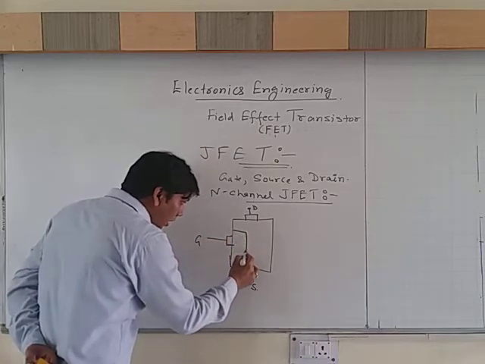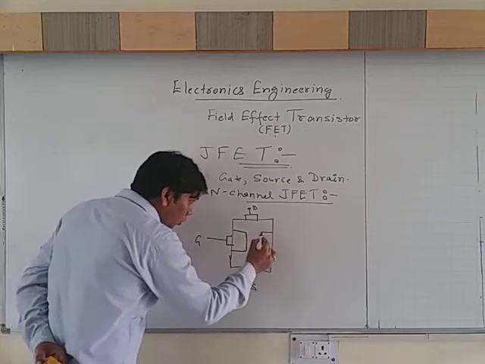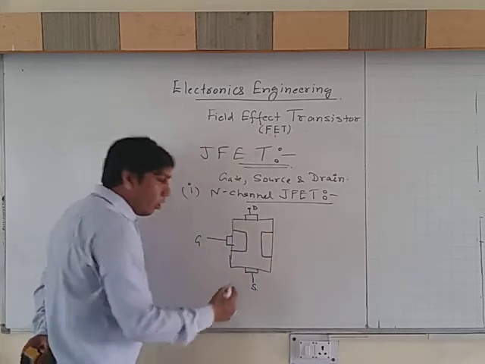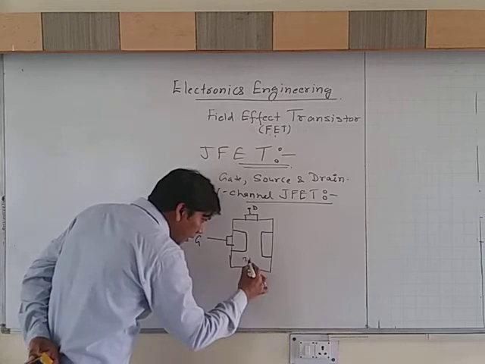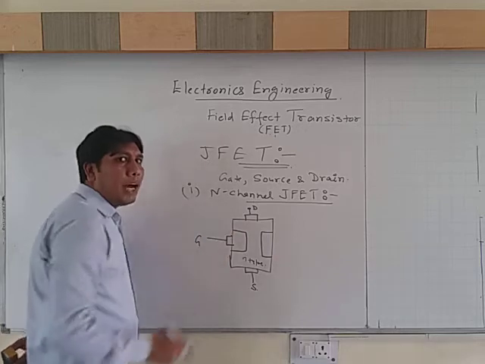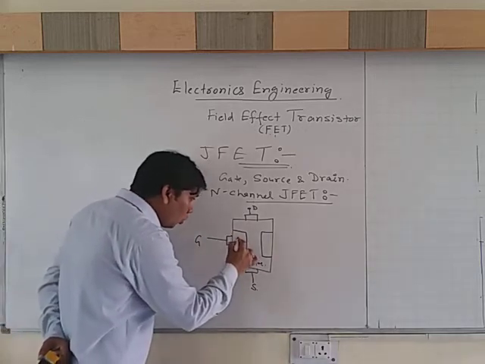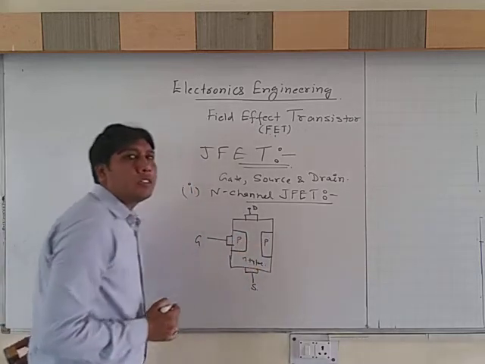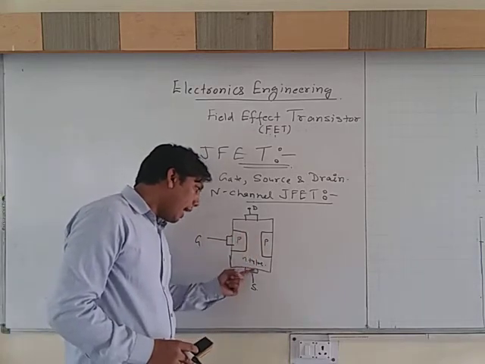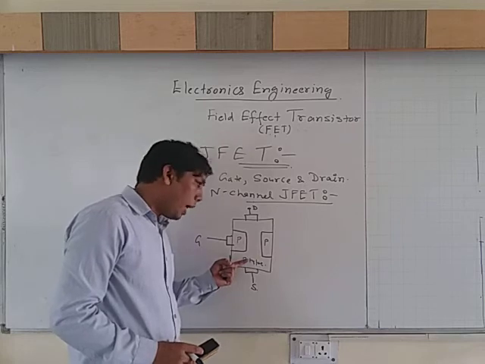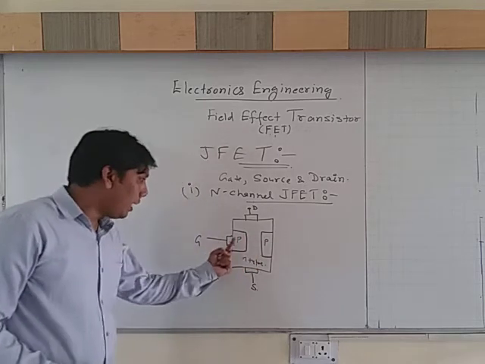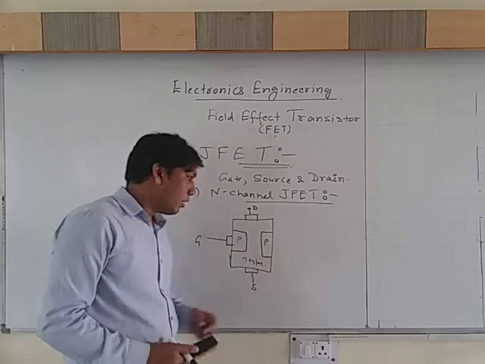We have two PN junctions. It has a silicon bar of N type. An N type semiconductor bar is taken and two P type semiconductors are diffused on this N type semiconductor bar in the middle of this bar at opposite corners.